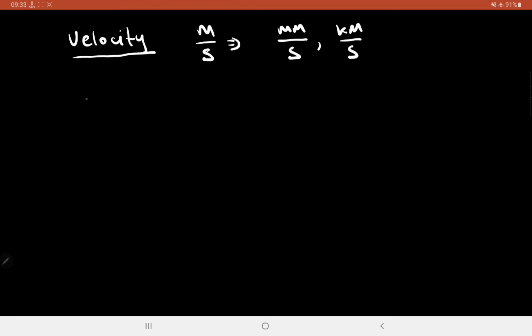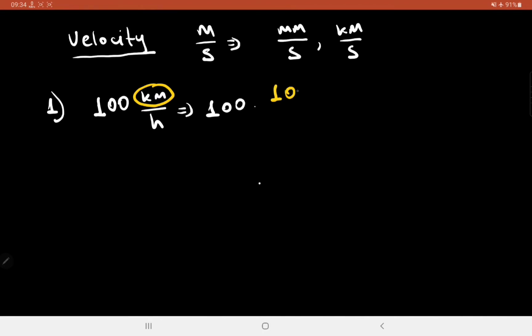Let's start from the famous ones. Let's say we have 100 kilometer per hour. How can we convert it into meter per second? So we need to keep the number, magnitude, which is 100 for this problem, and this is 1 kilometer basically. 1 kilometer is equal to 1000 meters.